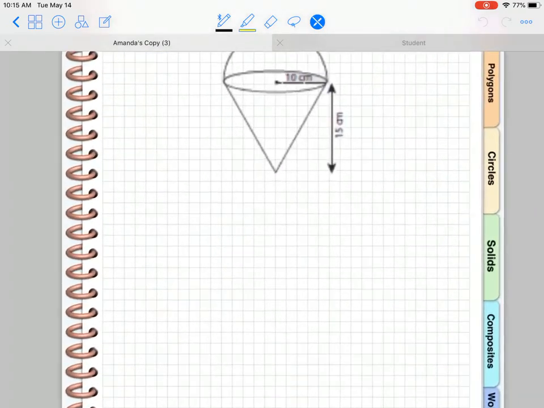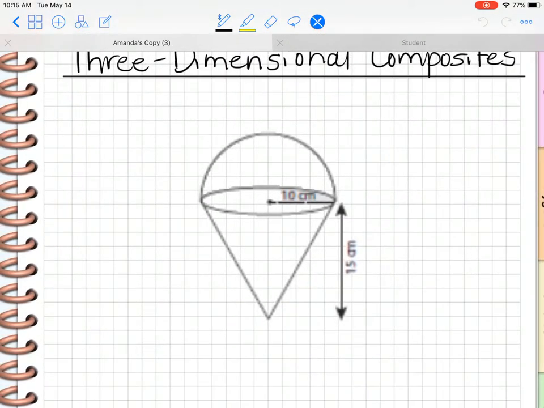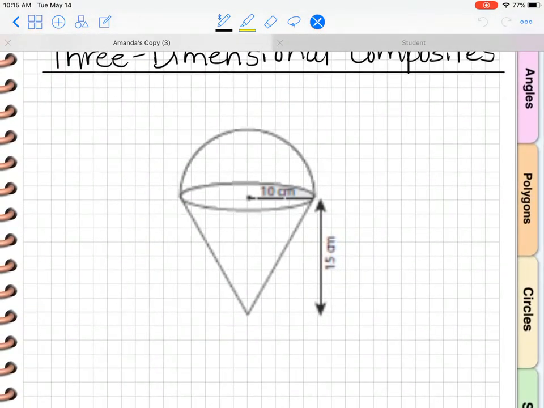So this first one is a combination of a sphere, half a sphere, and a cone. So this looks very much like an ice cream cone, a lemon ice cream cone. So for the ice cream portion, we're going to assume that it stops right there.